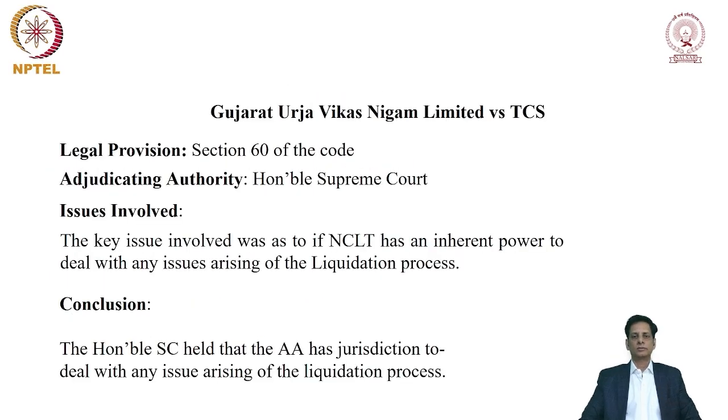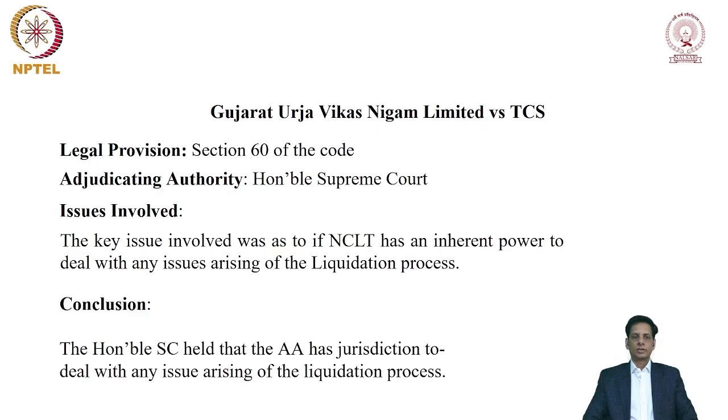To understand this, we have to go to the Gujarat Urja Vikas Nigam Limited versus TCS case, where the adjudicatory authority was the Honorable Supreme Court, which means that there was an appeal filed to the Supreme Court.